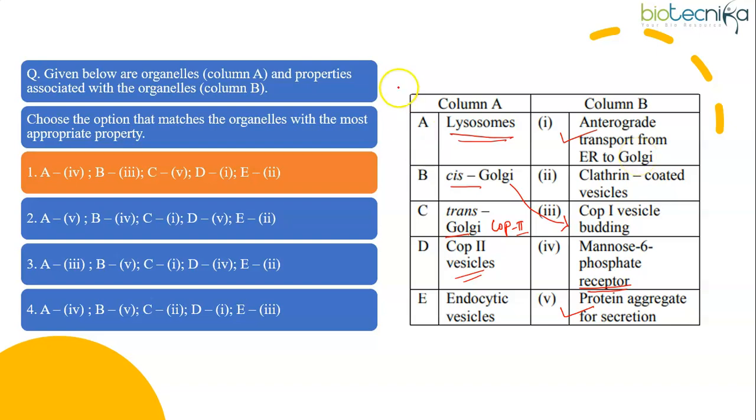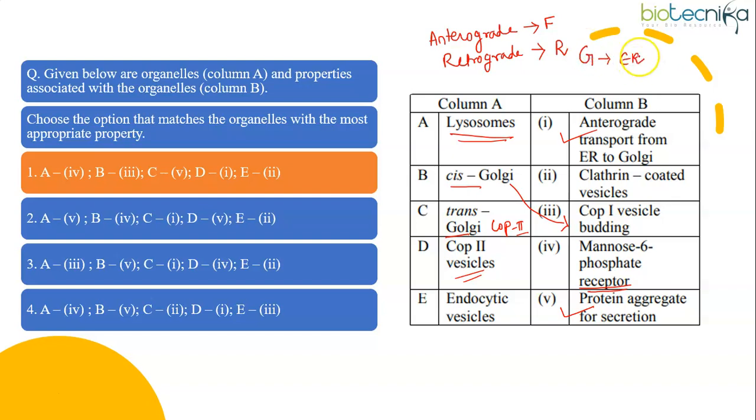So always remember we have two types of transport mechanisms, anterograde and retrograde. Anterograde is the one that moves in the forward direction, that means from the ER towards the Golgi, whereas retrograde is the one that moves in the reverse direction, that means from the Golgi back to the ER.